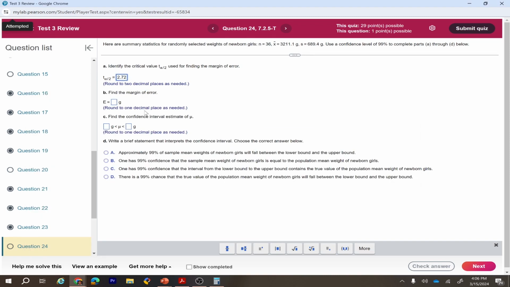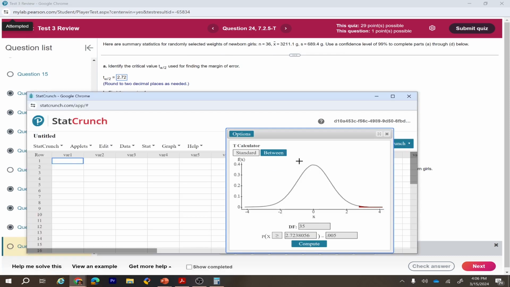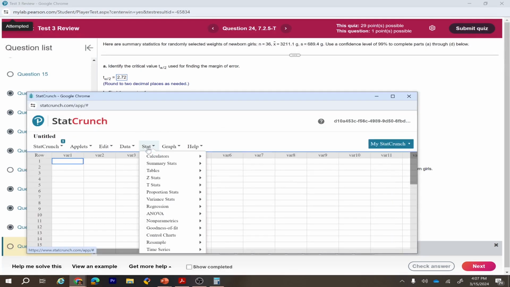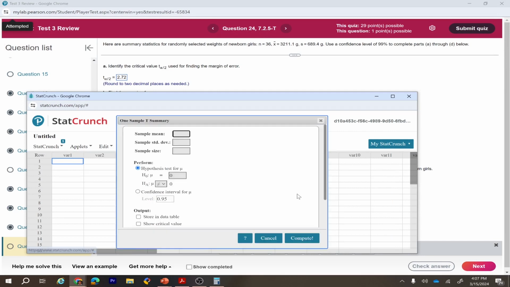What is the margin of error? Is it given here? Okay, we can calculate the margin of error, but for that let's use StatCrunch. Here we can go to stat, then t-stat, then one sample with summary, and use this information.